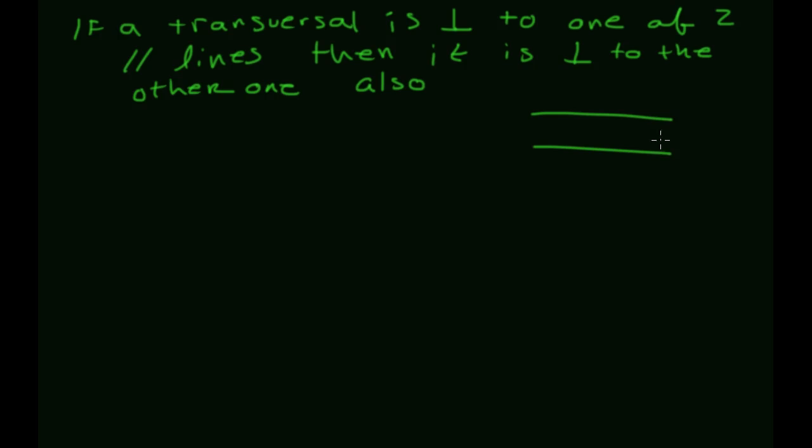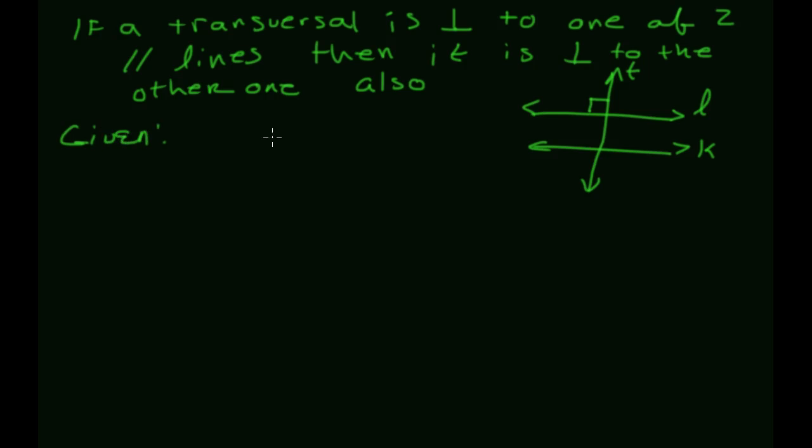I have two parallel lines. I have a transversal, which is perpendicular to one of them. So we'll call this one L, and we'll call this one K, and we'll call the transversal T. And so let's see. We're going to be given the if part, right?